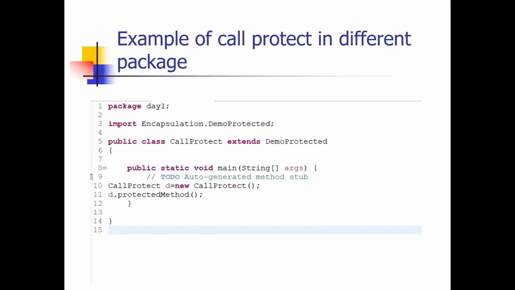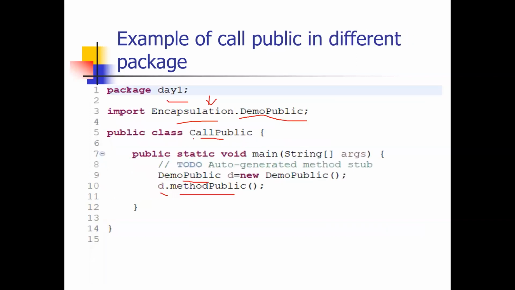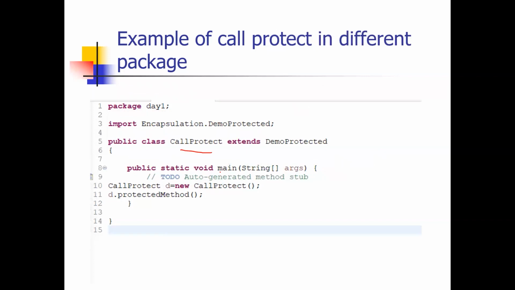Okay, to create an object of call protect means, in short, I'm creating an object of the current class. Here, we are not creating an object of the current class call public. Okay, here we have created an object of the current class, but we are calling methods of another class.